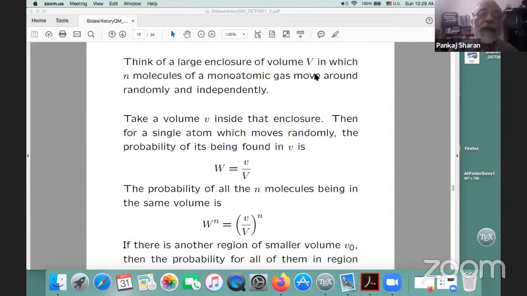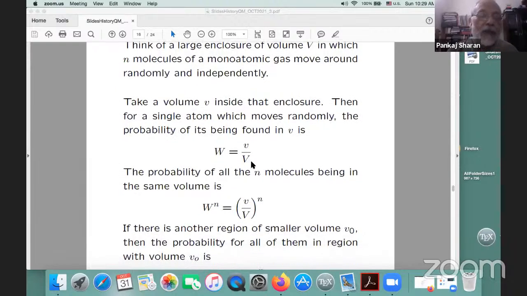So in this capital V volume, if there is a small volume small v inside, then for a single atom which moves randomly, the probability of its being found in small v is small v divided by capital V. This is very simple because when you have a molecule moving around totally randomly, the possibility of its being found in small v depends on its ratio with respect to the entire volume. This is elementary probability.